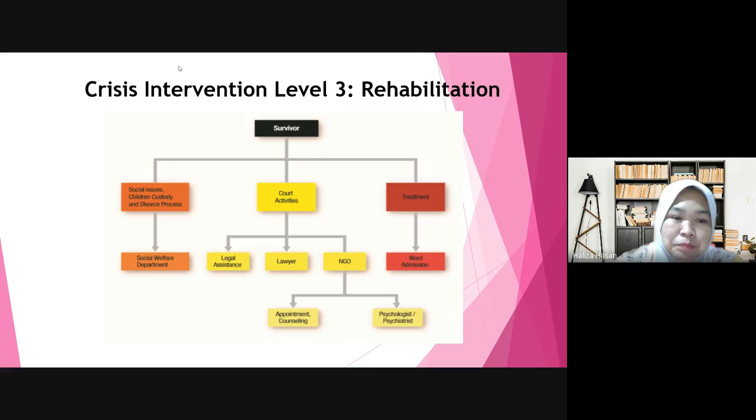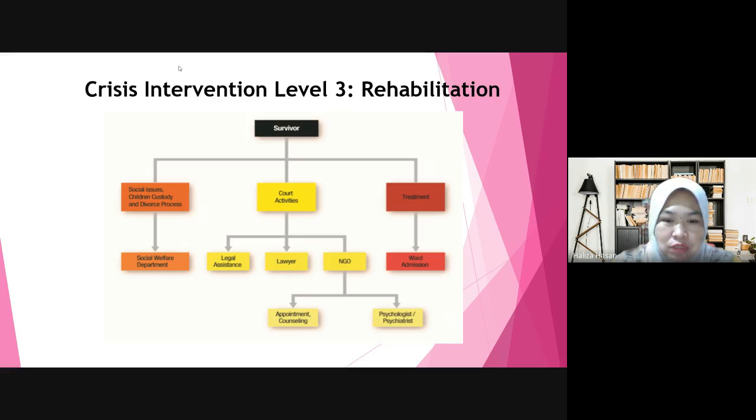So we continue with rehab and the children custody. Who has the right to take care of the child? This one we refer to the social welfare department, and then the court activities for legal assistance, lawyer, NGO.